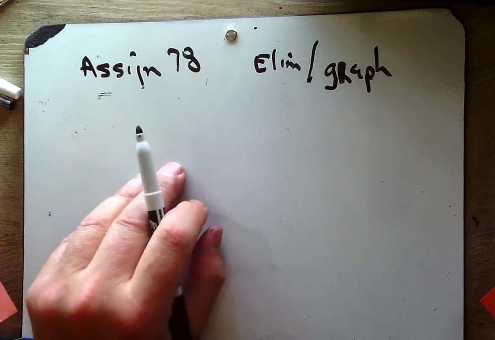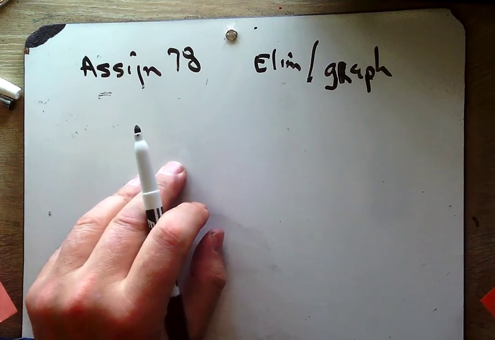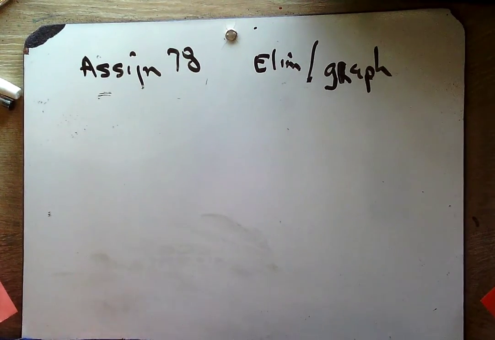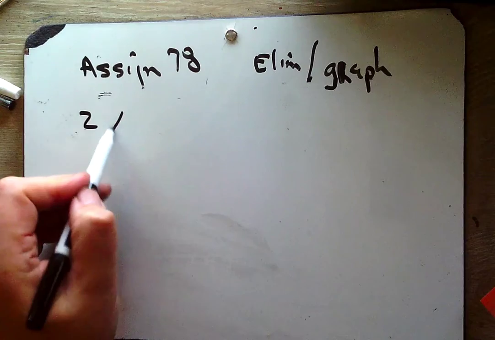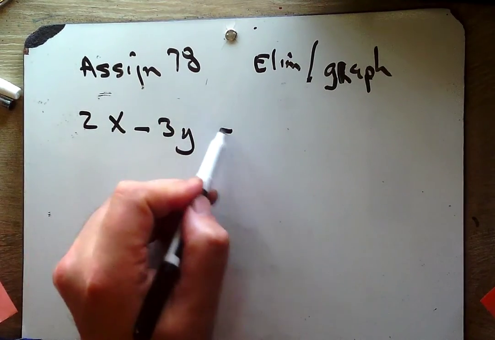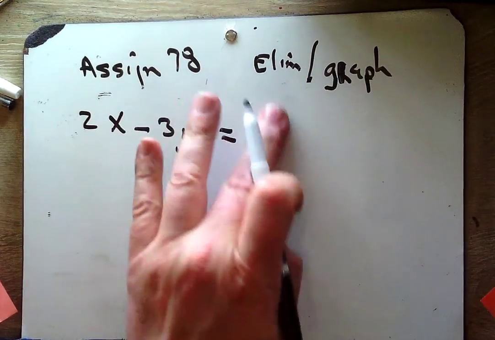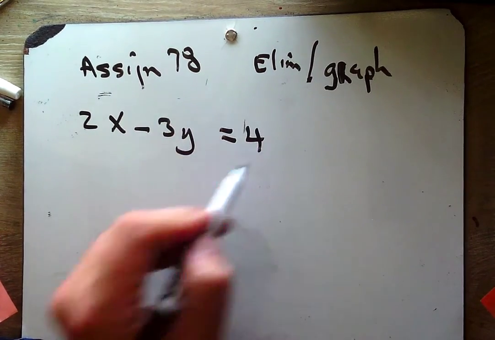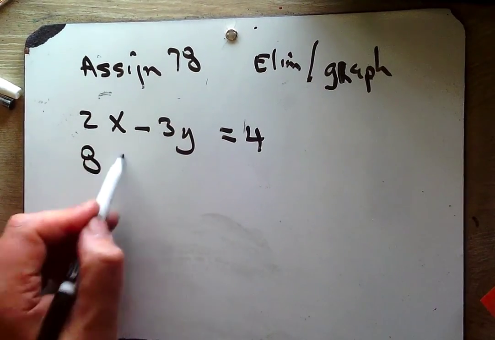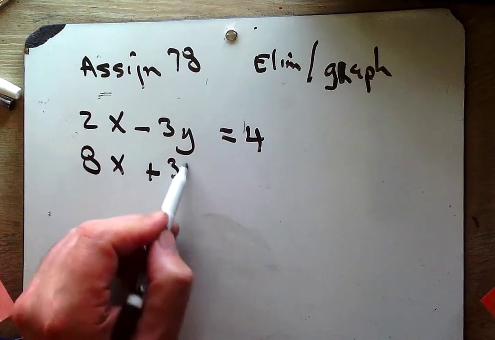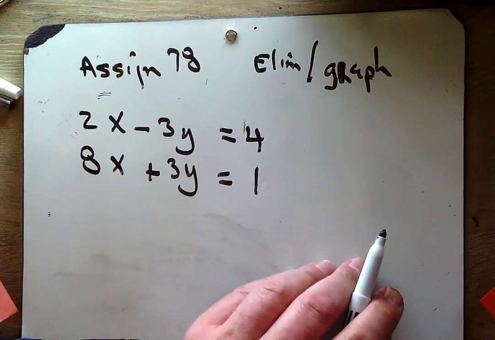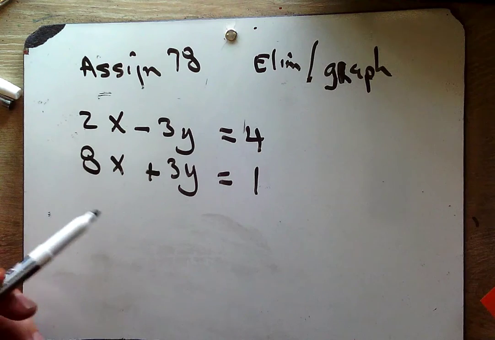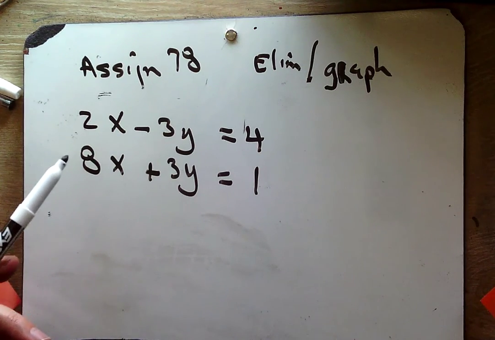All right, let's go back then and take a second look at solving just with elimination. Remember, with elimination, we want to get one of the coefficients either to be the same or opposite each other from one equation to the next.